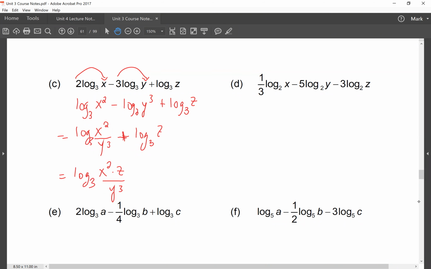Thank you. Log 3. If these had different numbers, you cannot do this. That's like saying what's x squared times y squared, and you did, oh, it's xy to the 4. Like, no. If the bases are not the same, you cannot combine them.